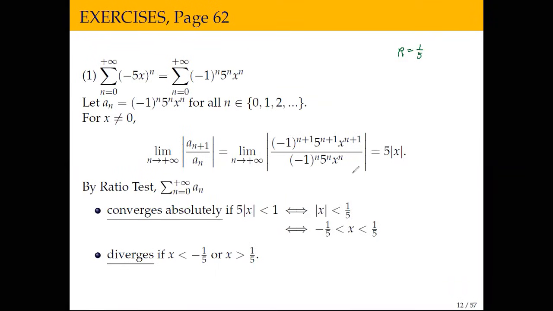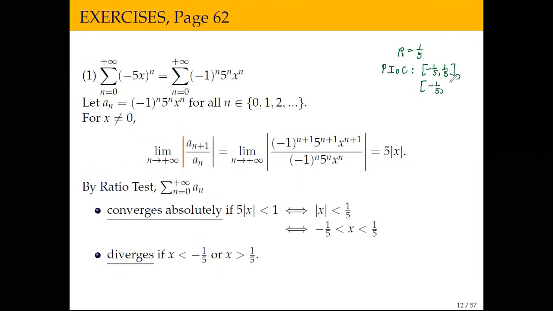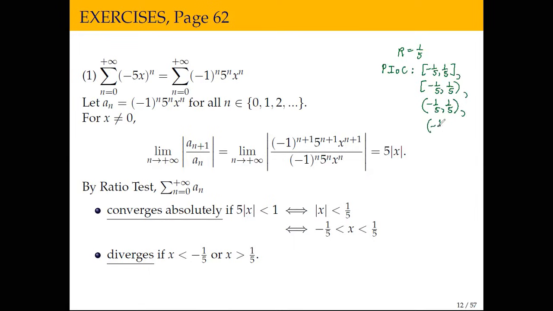From this line, we say that the possible intervals of convergence of our power series are given as -1/5 to 1/5, including -1/5 and 1/5, or -1/5 to 1/5, including -1/5 but not 1/5, or -1/5 to 1/5 but not including -1/5 and 1/5, or -1/5 to 1/5, not including -1/5 but including 1/5.